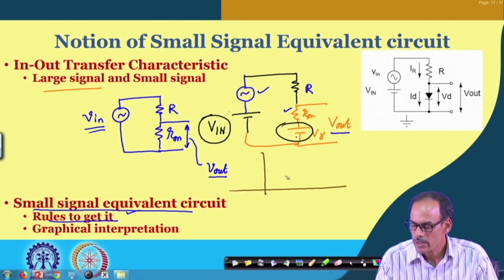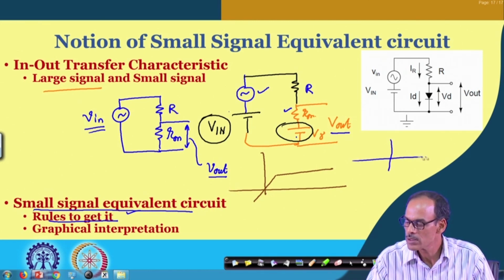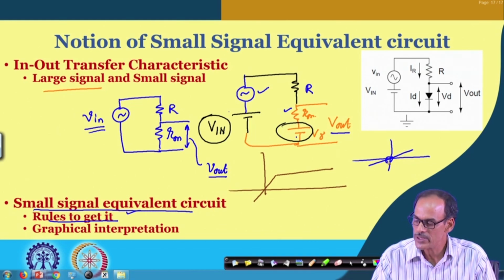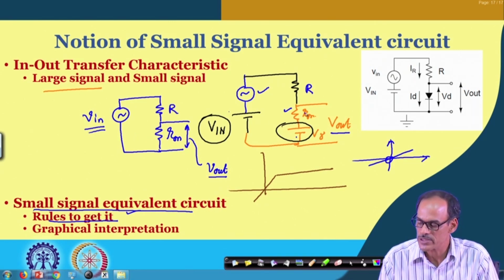So, that is the rule, and graphical interpretation what we said, it is translating the large signal transfer characteristic curve to a different graph, and the transfer characteristic curve it is going through origin. This is a very vital point, that it is going through the origin, which means that this circuit is basically representing linearized version of the original circuit.